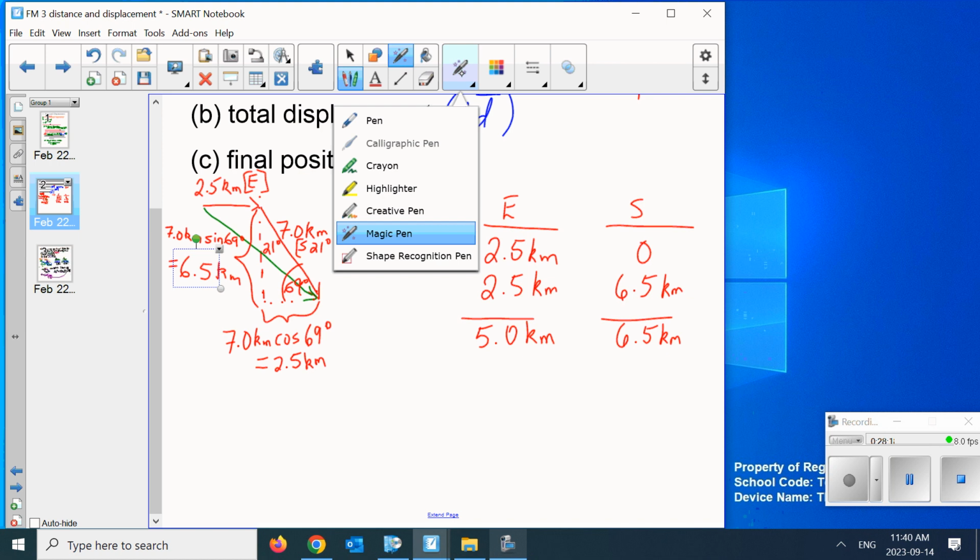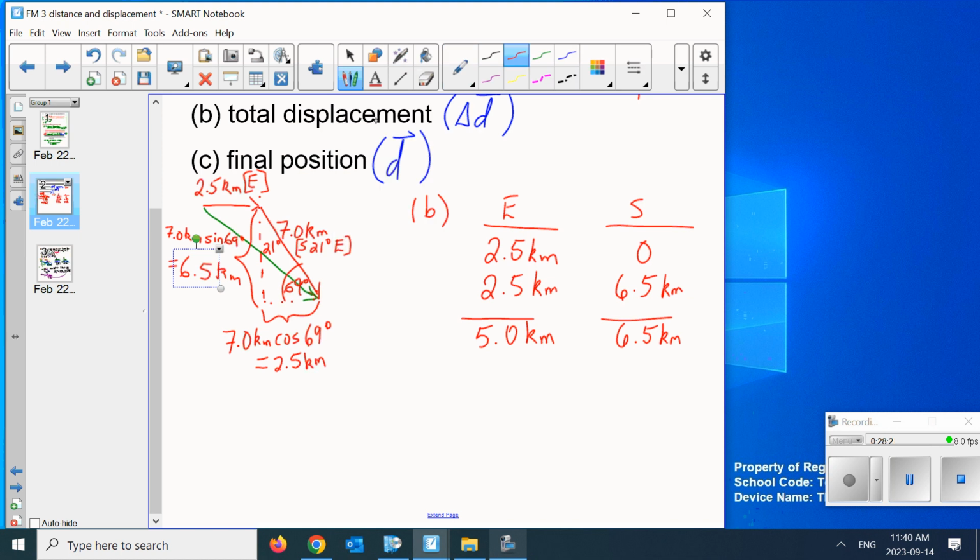Like I said, it's going to get too messy if I draw over top, so I'm now going to just freshly draw this. 5 kilometers this way, then 6.5, is my green. That's really what I'm trying to find. This is the same simplified drawing as on the left without all the work. But now I can clearly see what I want.